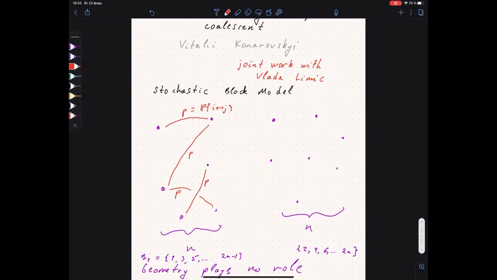And the same in the second group, also with probability p. The interclass edges, the edges between different groups, appear independently with probability q. So here we have edges which appear with probability q.